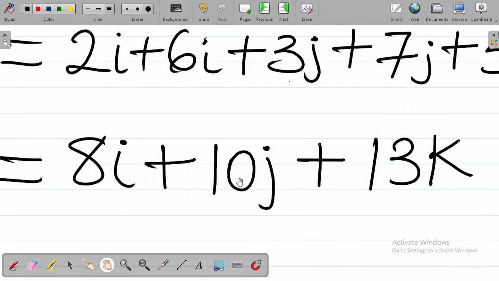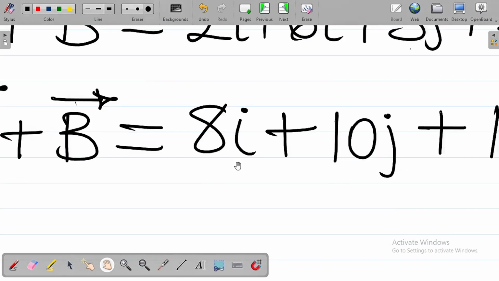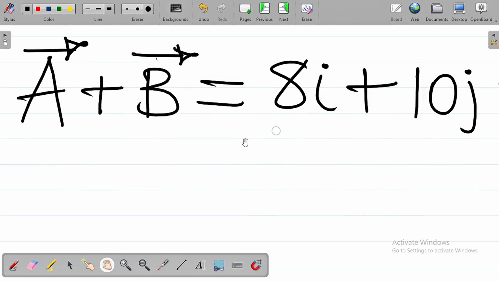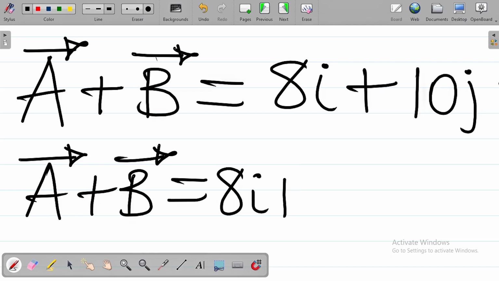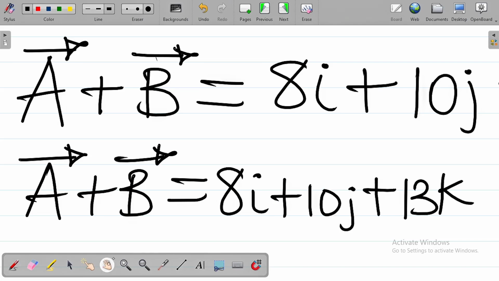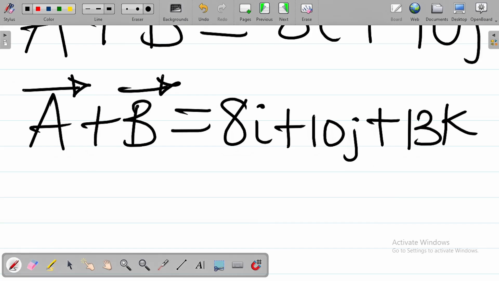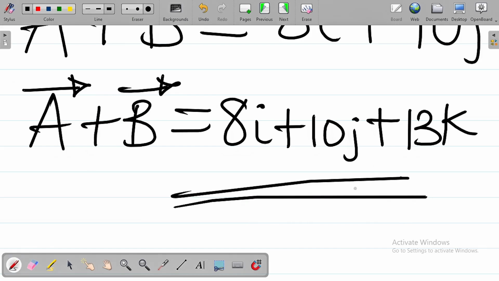So 5k plus 8k is 13k. Alright, so vector A plus vector B is equal to 8i plus 10j plus 13k. So this is the value of vector A plus vector B.